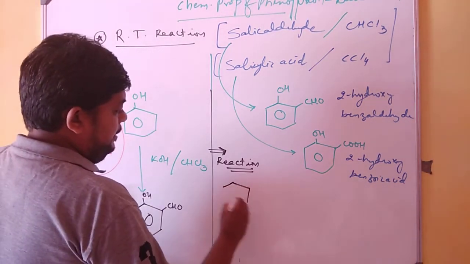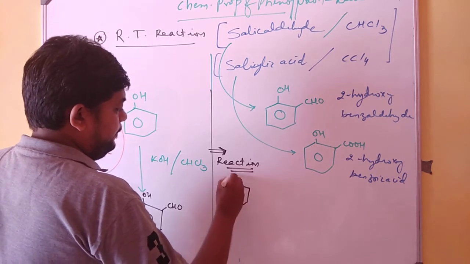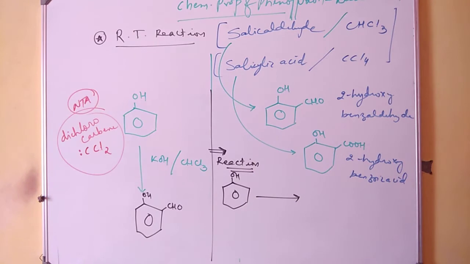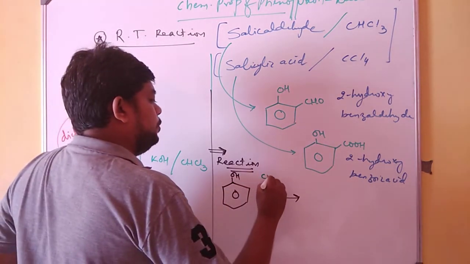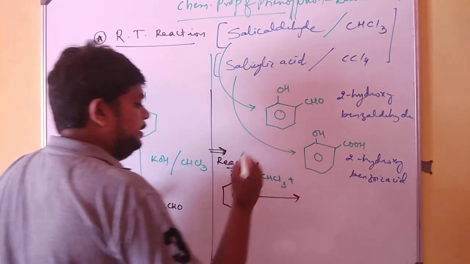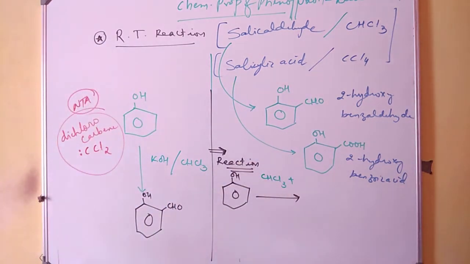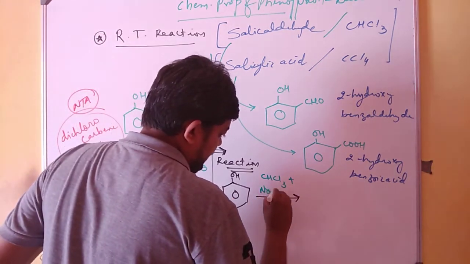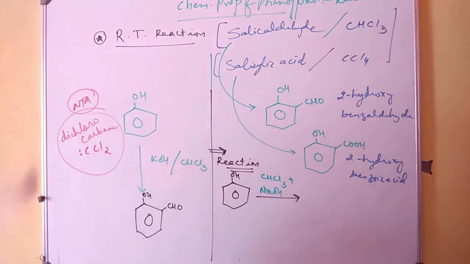We always initiate with phenol as our starting material because we are learning chemical properties of phenol. It reacts with chloroform as a reagent along with a strong base, which can be NaOH, which can be KOH. Let us write NaOH in its aqueous state.